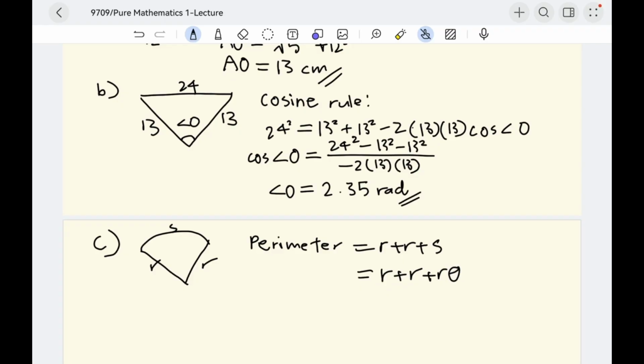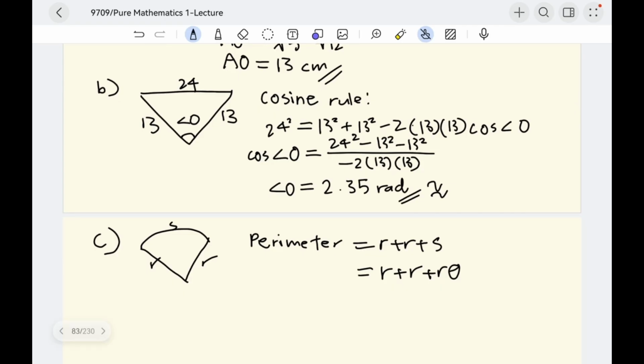Where theta is the angle of O. It's best for you to write the more accurate value of the angle of O for an accurate answer. So you approximate it as 2.3520 if you wish.